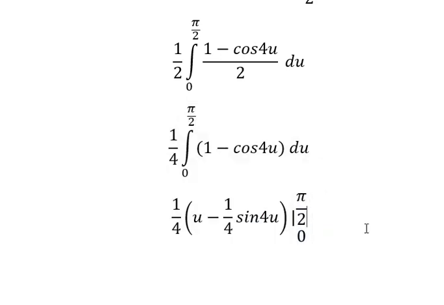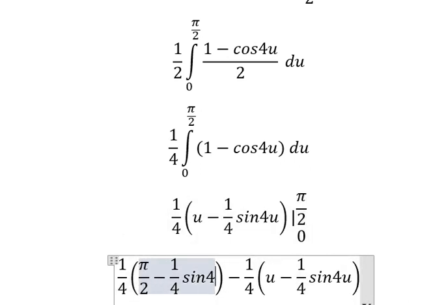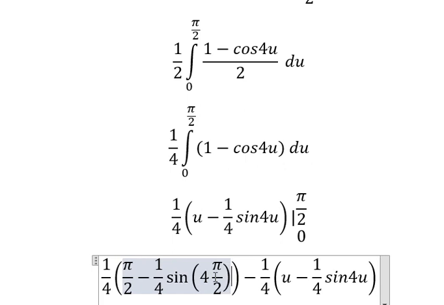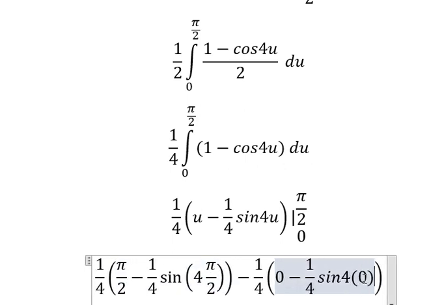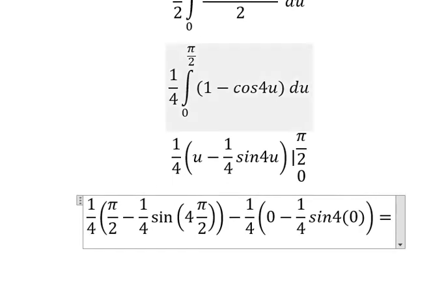So I will put b over 2 here, and b over 2 here. Number 0 here, and number 0 here. So this one we have b over 8.